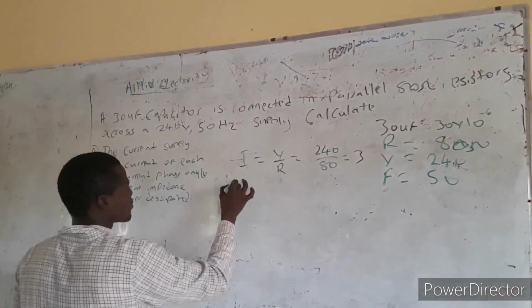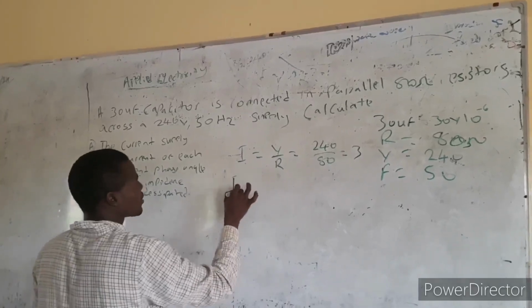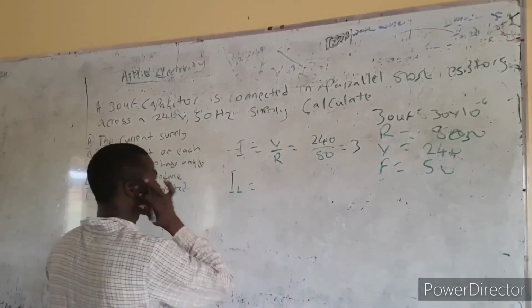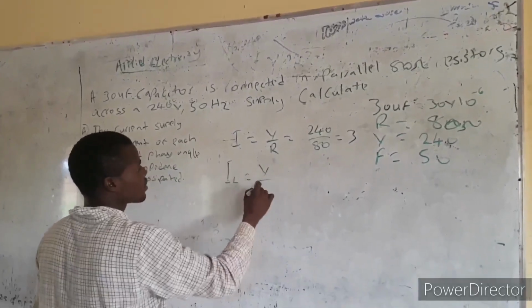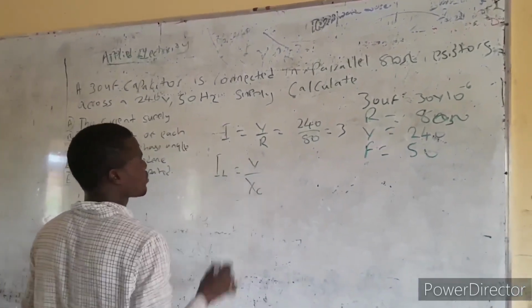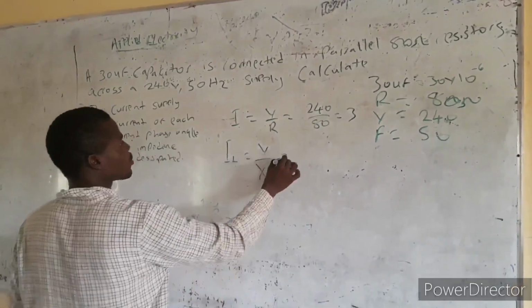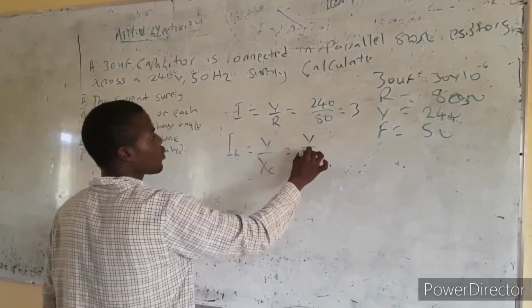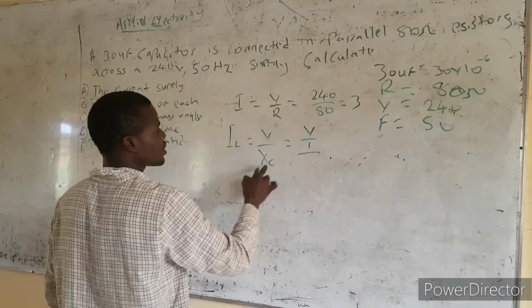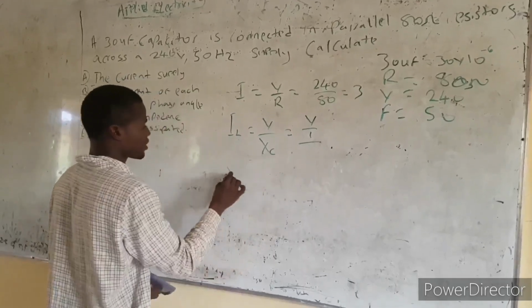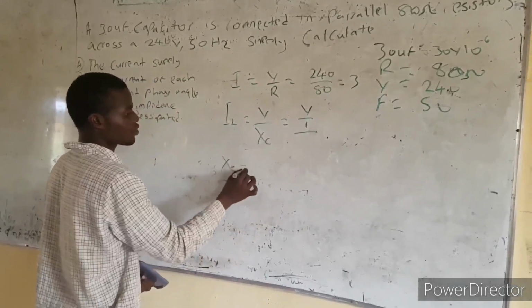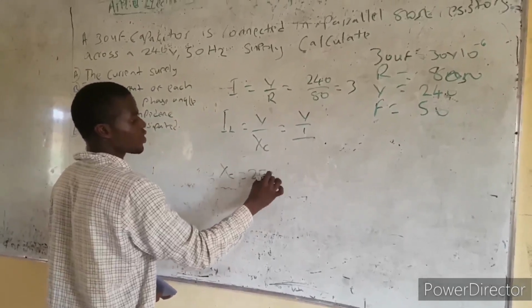Now to get IC, which is equal to V over XC. This is the capacitive reactance, which is 1 over 2 pi FC.